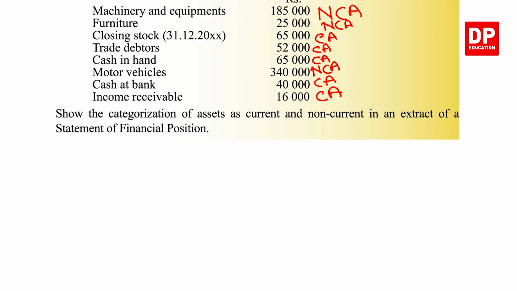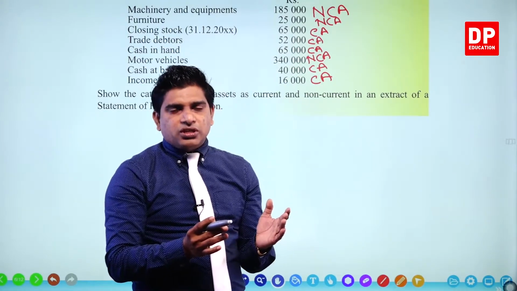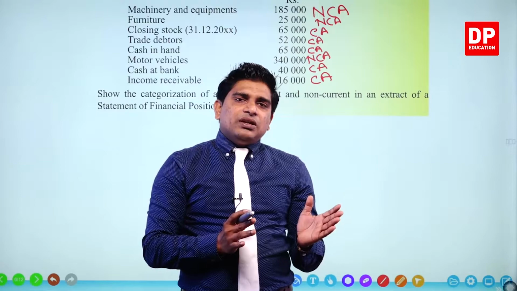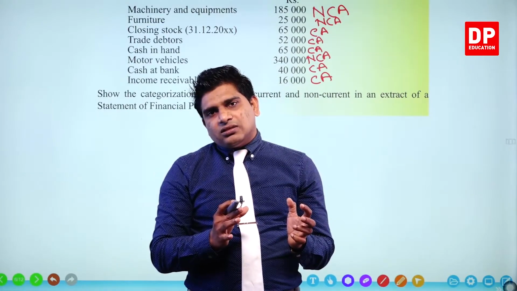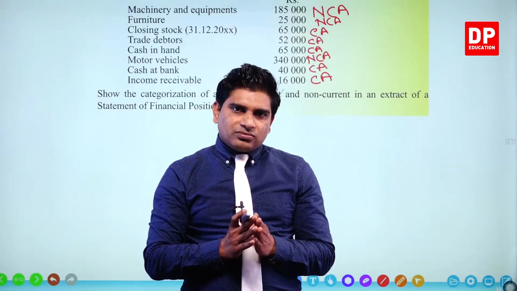Then show categorization of assets as current assets and non-current assets in an extract of a statement of financial position. Right? In an extract of a financial position. In the previous example, we have practiced what are the current assets and what are the non-current assets.